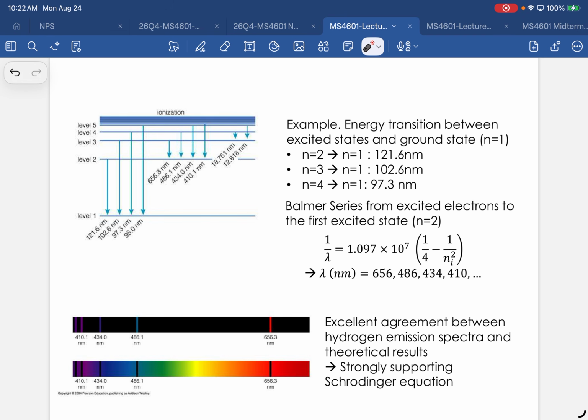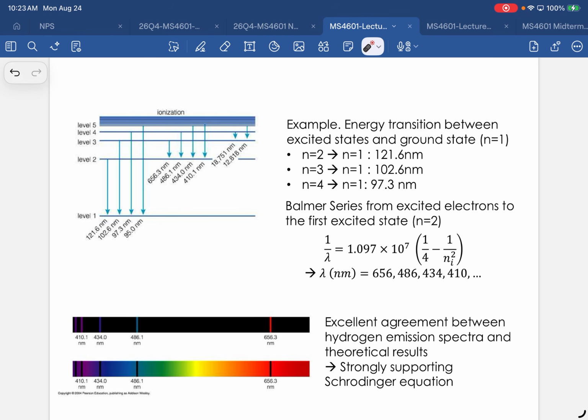Okay. And another thing you can notice, and it's beautiful, is that each wavelength is actually very unique, right? For example, if you get 410, then you exactly know how that transition happened. If you identify 656, that means the energy transition happened from level 3 to level 2.